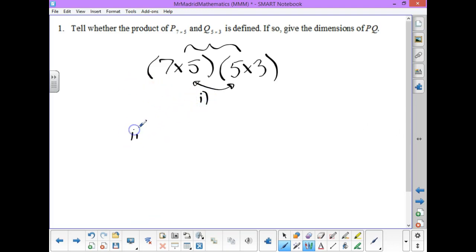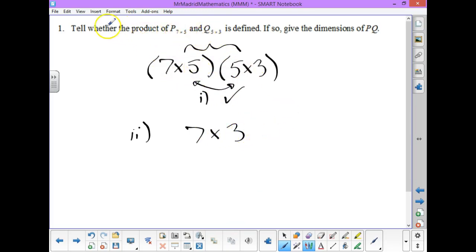The second thing that you do is simply write the dimensions of each matrix that's on the outside. So the first was checking the insides, do they match? In this case, check, they do. Second, jot down the dimensions that are left on the outside, 7 by 3, and this will take care of your response to this question.